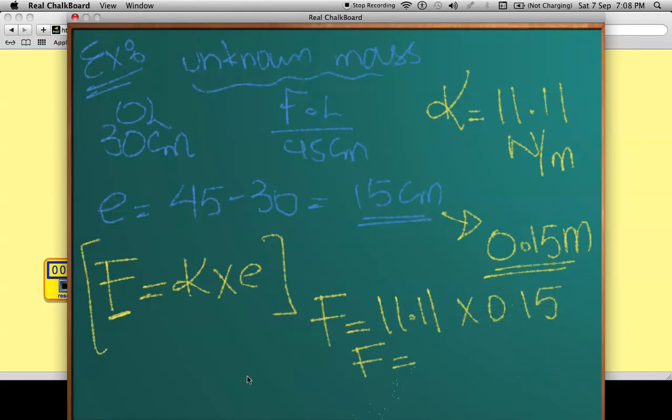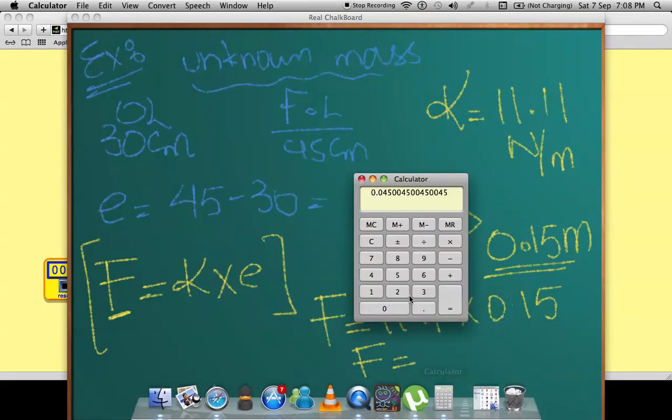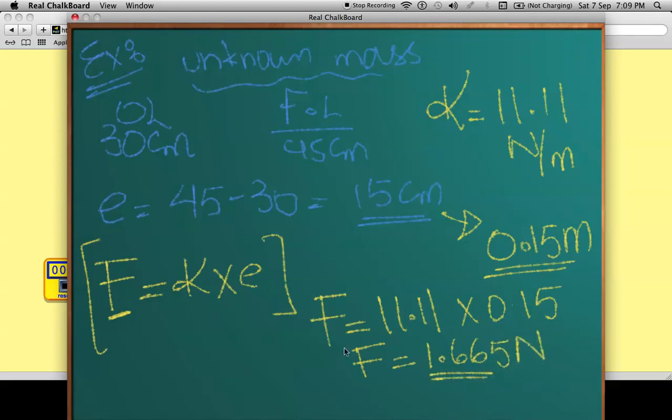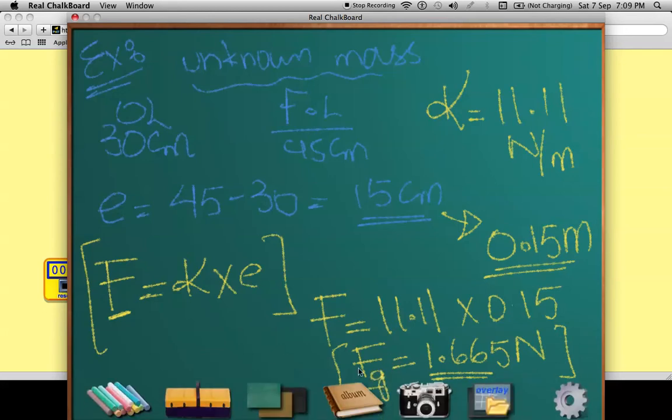Our force in newtons would be, let's use our calculator here, 11.11 times 0.15. This would give me 1.665 newtons. However, this is the force, the gravitational force, because of that mass.